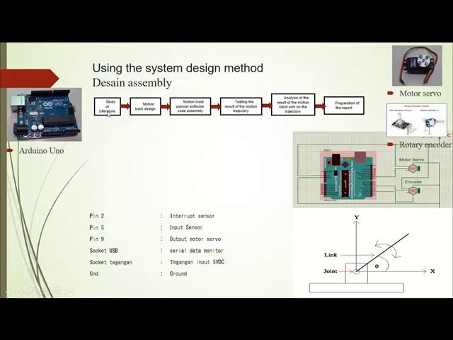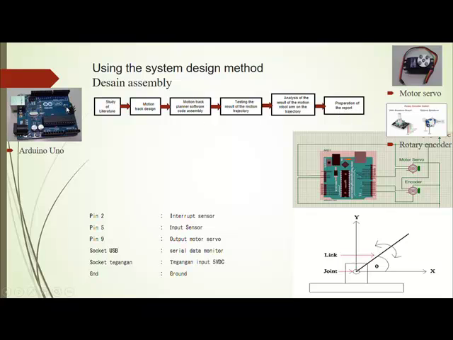First, we study the literature and motion trajectory design, then assemble the motion trajectory planner software code, then test the result of the motion trajectory, analyze the result of the robot arm motion, and finally prepare the report.